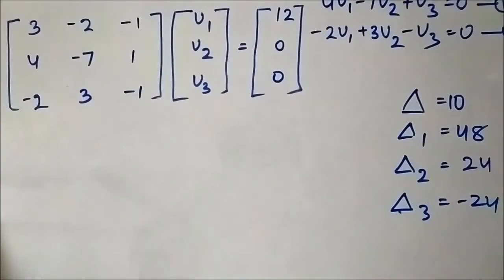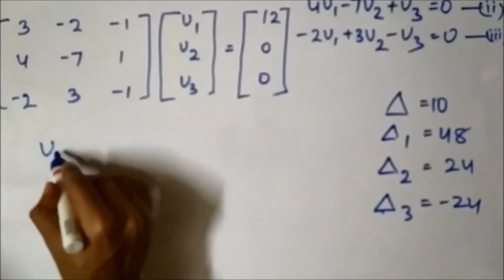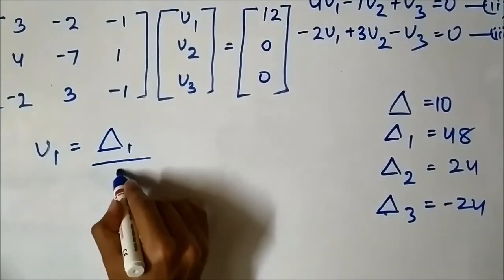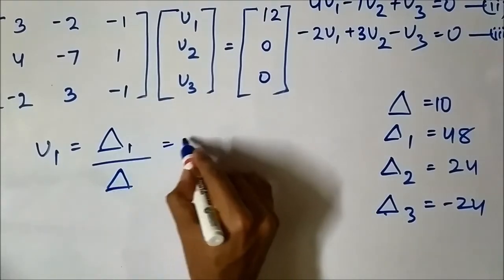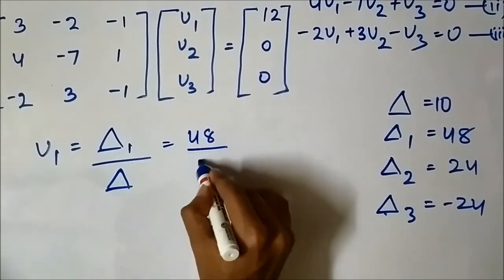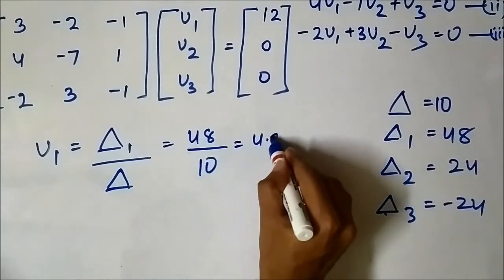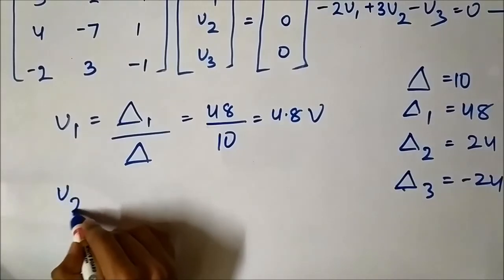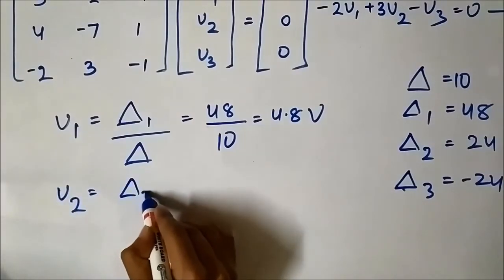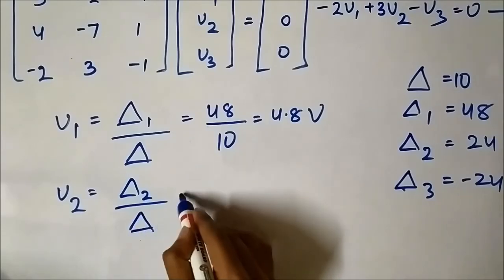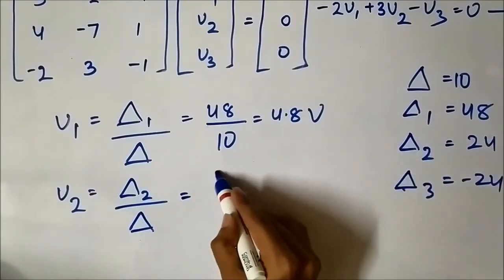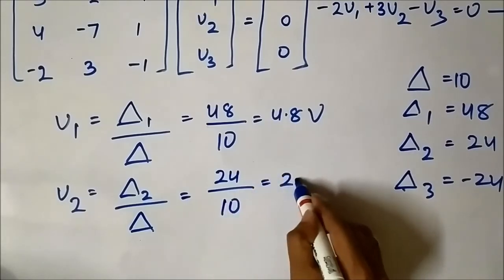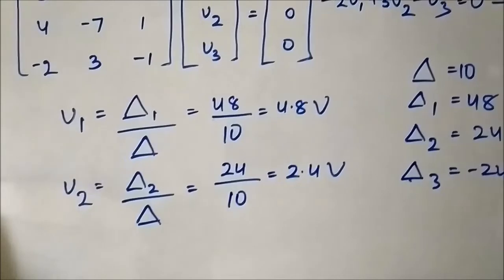V1 will be del subscript 1 divided by delta, which will be 48 by 10, which is equal to 4.8 volts. V2 will be del subscript 2 by delta, which will be 24 by 10, which is 2.4 volts.